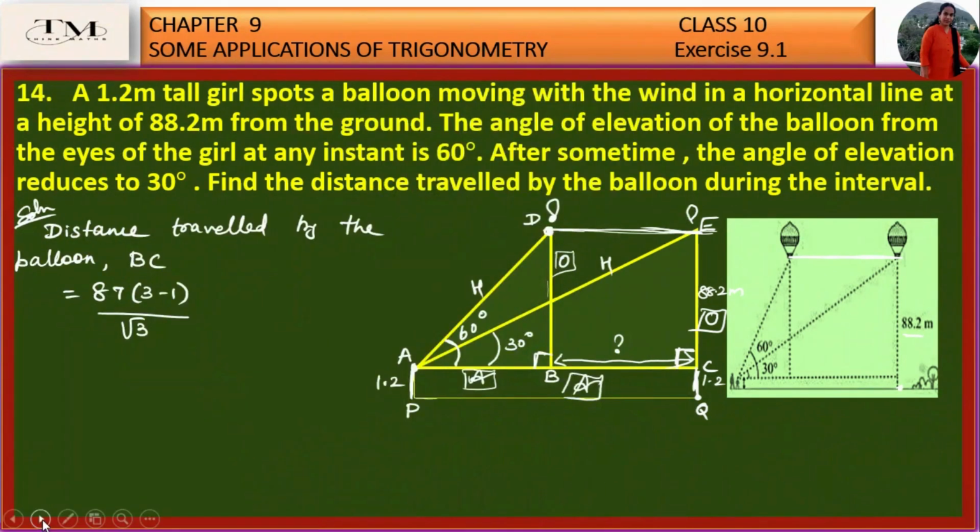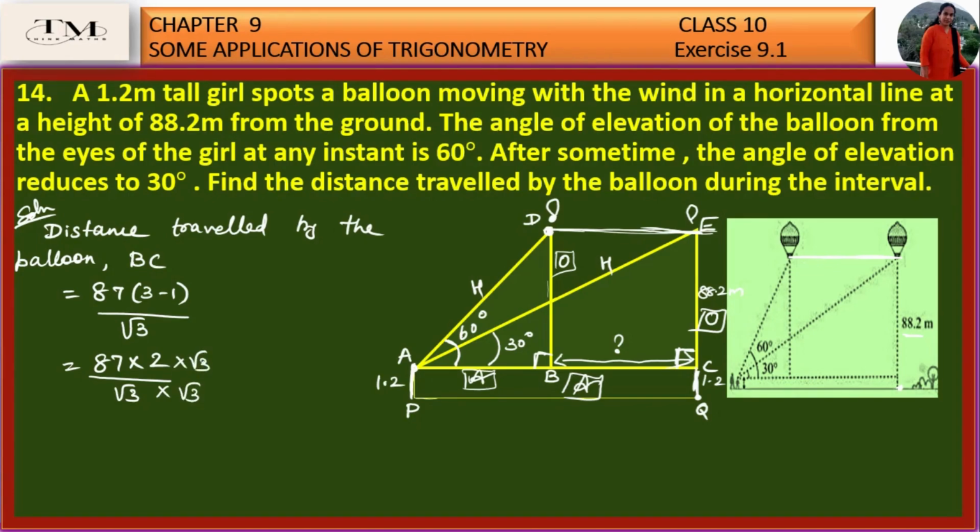From the previous page, we have calculated up to 87 into 3 minus 1 divided by root 3. So 87 into 3 minus 1 is 2, divided by root 3. To avoid square root in the denominator, we will multiply and divide by the same square root.